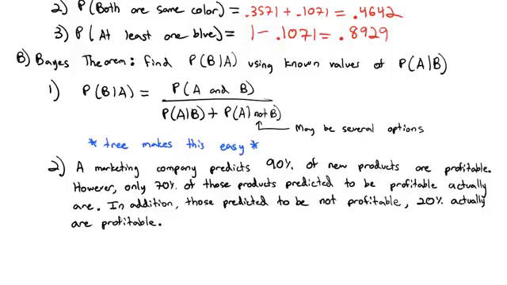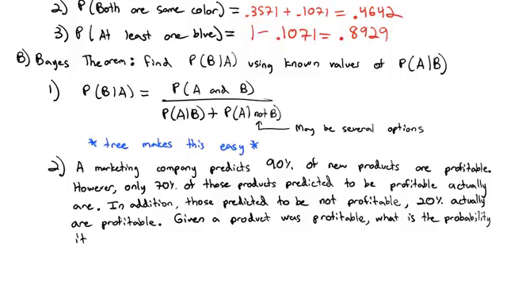So let's say we've got some product and it turns out that it was profitable. That's given to us. Given a product was profitable, what is the probability it was predicted to be profitable?